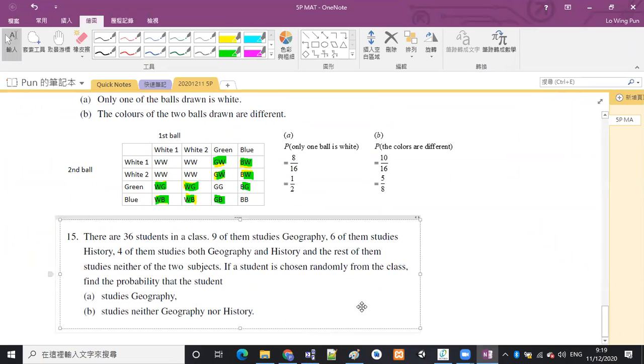Okay? 嗱，4樣嘢喎，係嘛？4種人嘅。OK，有一啲咧就 geog 讀 geog，有一啲咧就讀 history，有一啲咧就兩科都有讀，有一啲咧就係一科都冇讀咁樣。OK。If a student is chosen randomly from the class, find the probability that the student studies geography.